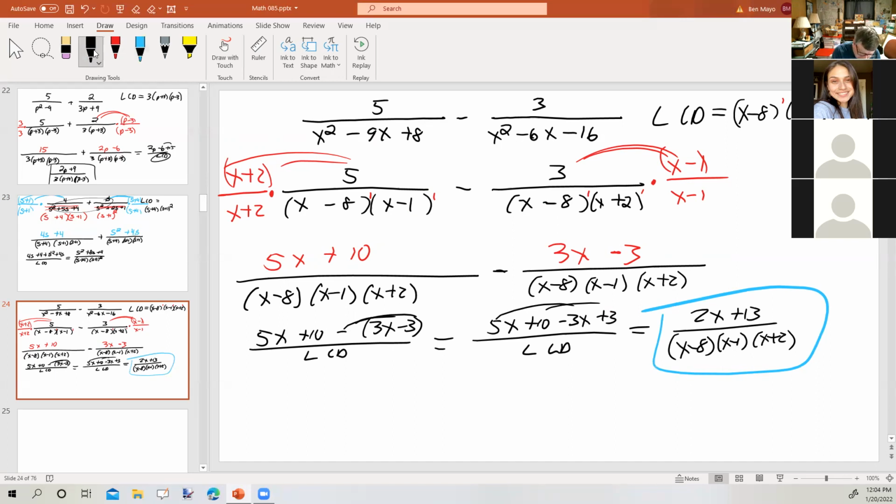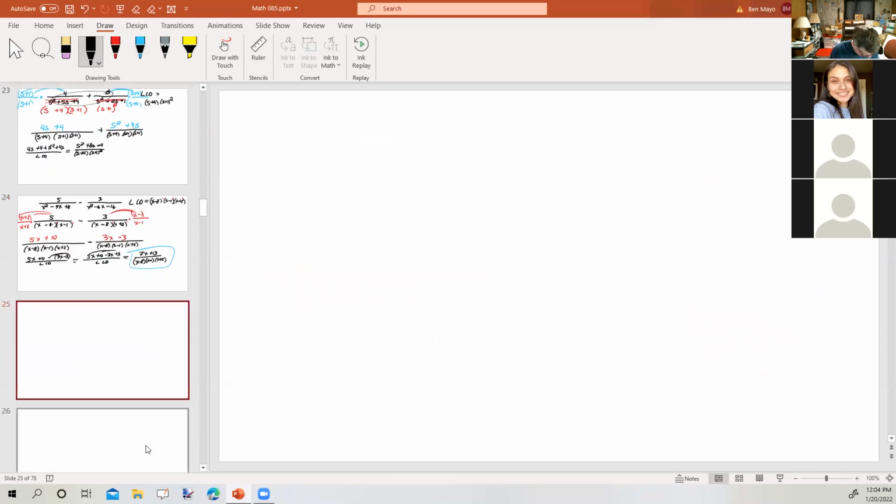All righty, going on. 9n over m plus 4 plus n. So what's the implied denominator of the second term? What's under the n? 1. Correct. So now my denominators are m plus 4 and 1.